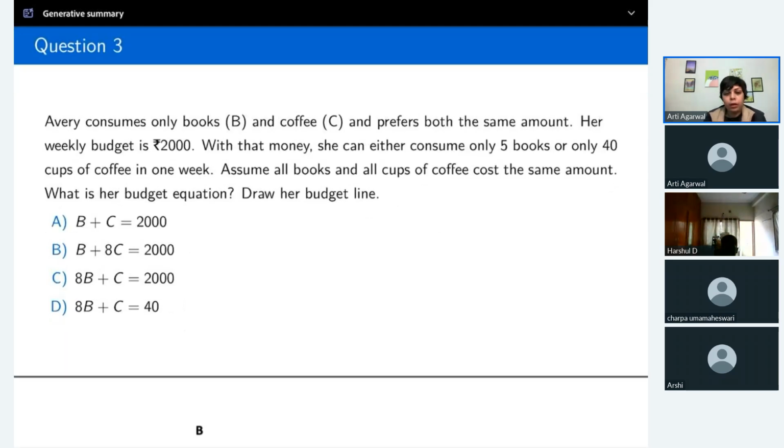Now, I've made this question so that you calculate things step by step, so you're not rushed through it. And now you have to calculate the budget equation for Avery. So what do you think it's going to be? Or more like, how do you calculate it, first of all?